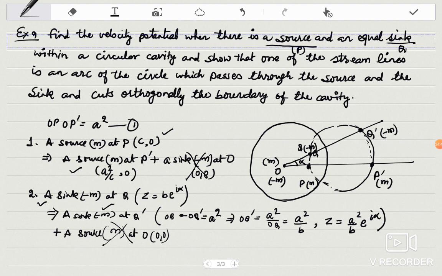So we may write the complex potential. Now what will be the complex potential function?